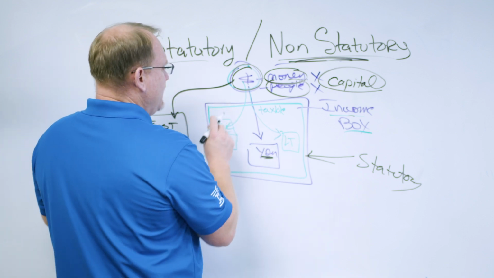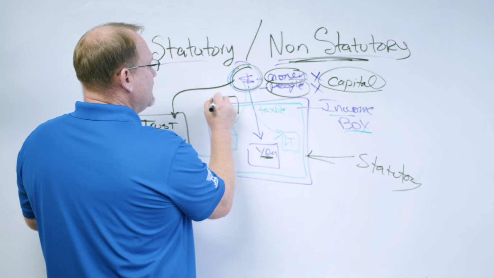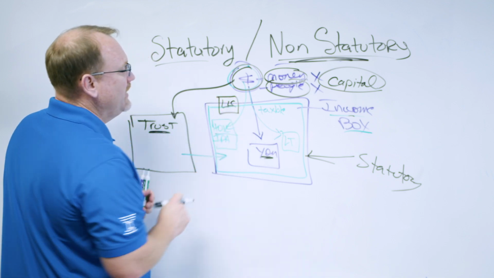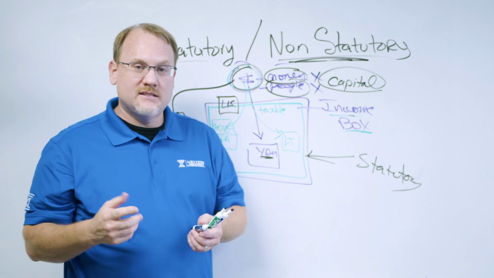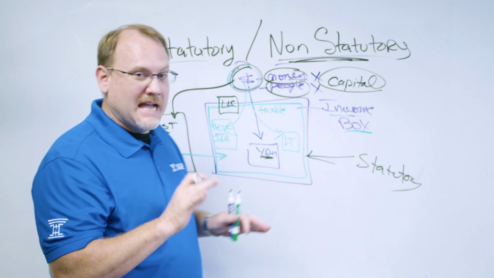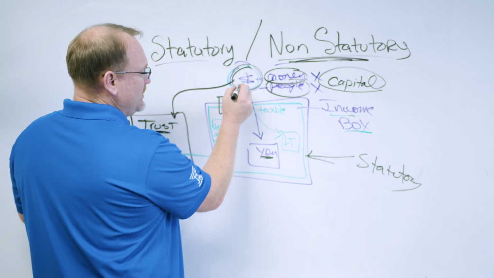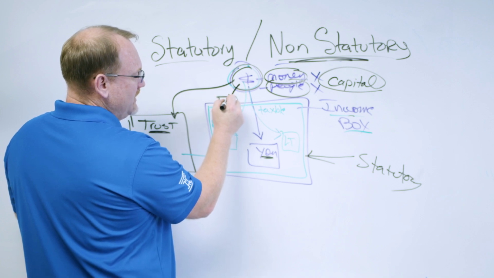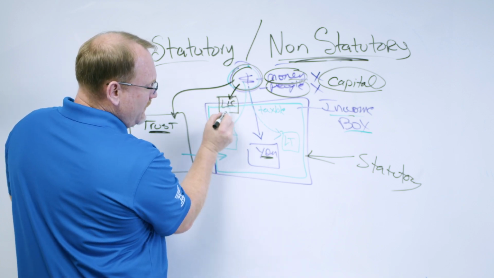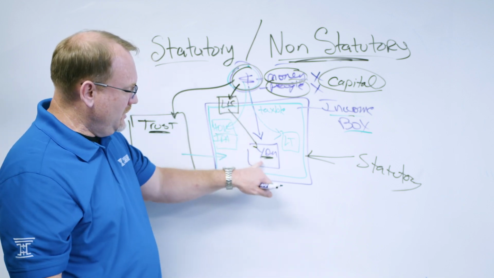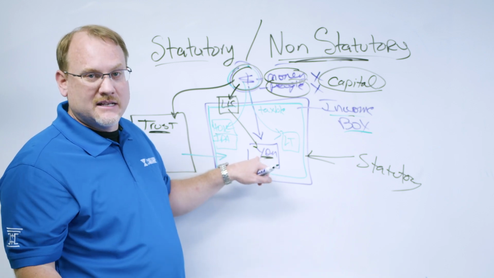Now, some people say, well, I have an LLC, and I like to put the LLC right here because entities can create taxable income, and they can also create just capital. So say money comes into the LLC. If I take money from the LLC and I take it down to you, what is that? It's income. You've got to pay tax on it.